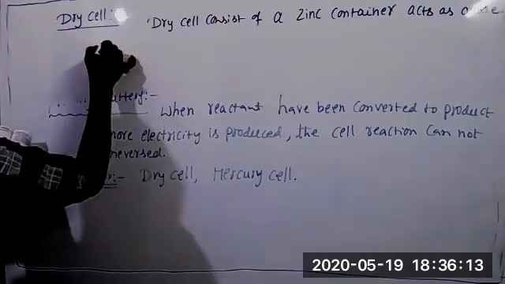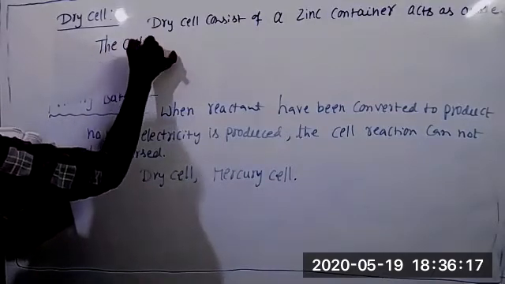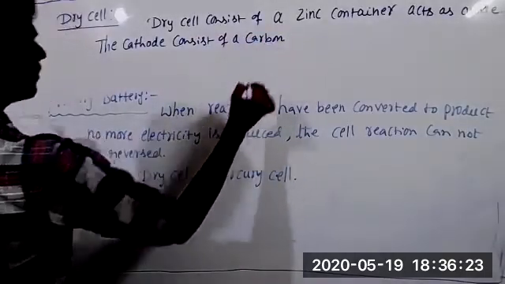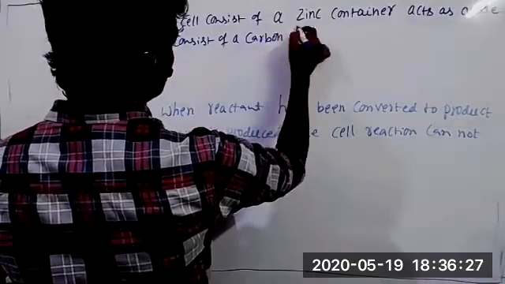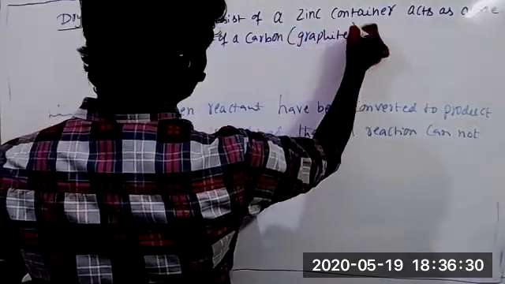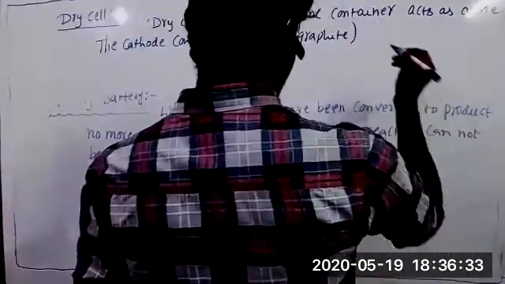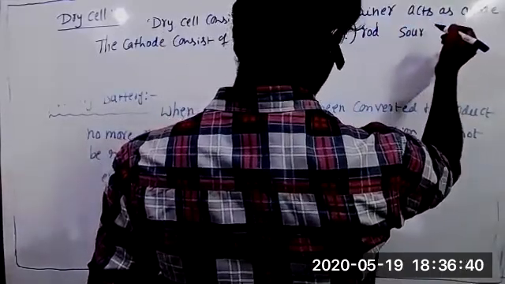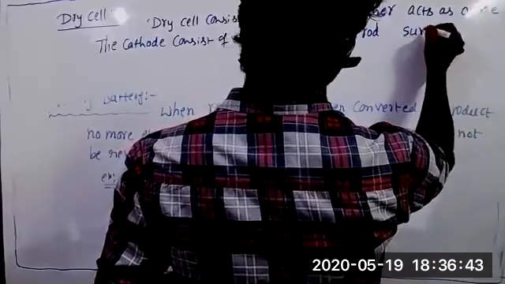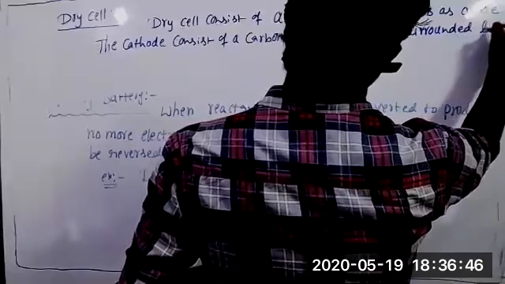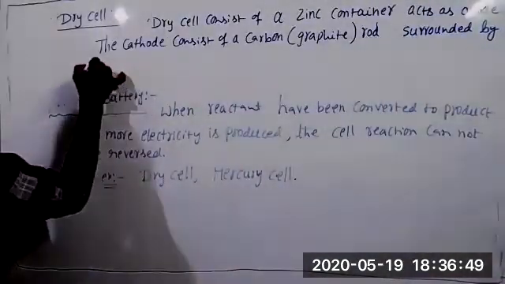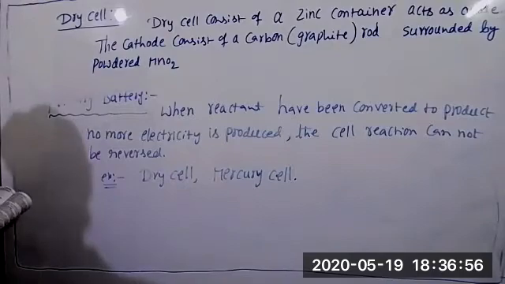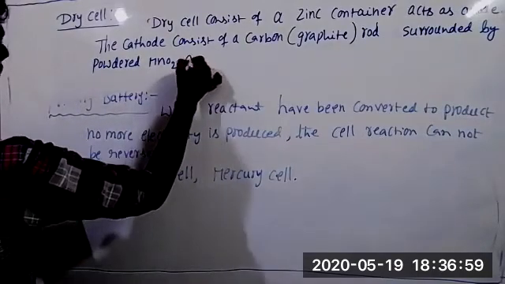The cathode consists of a carbon (graphite) rod, surrounded by powdered manganese dioxide and carbon black.